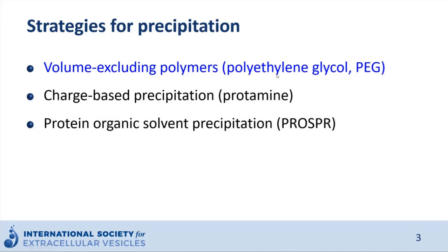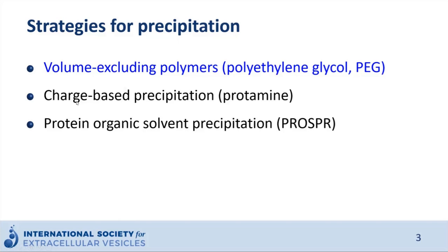So there are three most common technologies for the precipitation-based EV isolations. First, some polymers can form mesh structures to help EVs aggregate based on excluded volume theory. PEG is one of the most widely used excluded volume polymers.